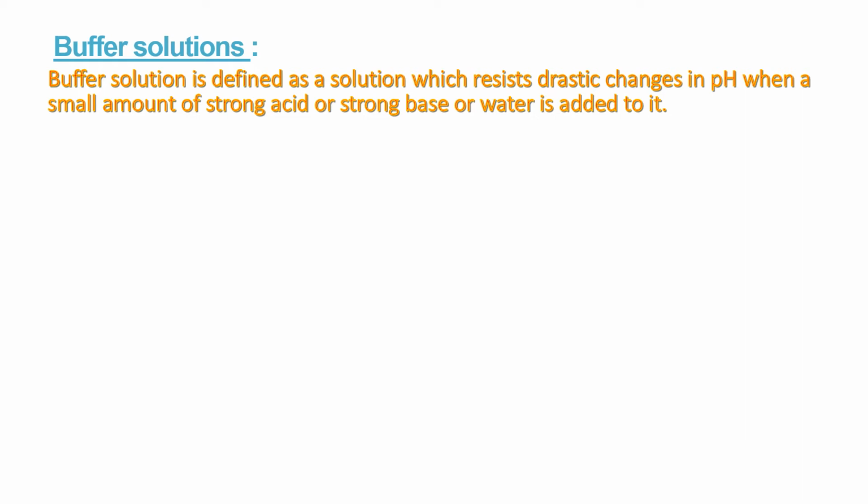Means pH is nothing but your concentration of H plus ion. That cannot be easily changed by addition of strong acid, strong base or water. So that is the role of buffer solution.